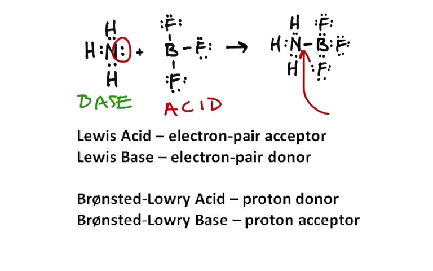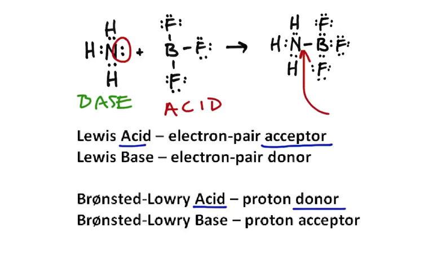We have our definitions then. A Lewis acid is an electron pair acceptor, and that's our boron, and a Lewis base is the electron pair donor. Now you need to be a little bit careful here, because in this case we're saying the acid is an electron pair acceptor, whereas with Bronsted-Lowry, the acid was the proton donor.